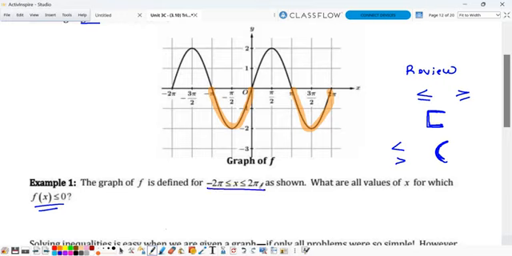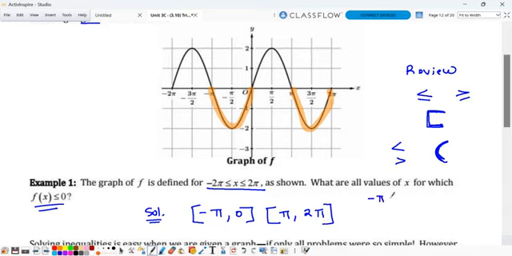Always pay attention to the domain. So for this part, solution is negative pi, if I use set notation, to 0 and pi to 2 pi. This is the solution.